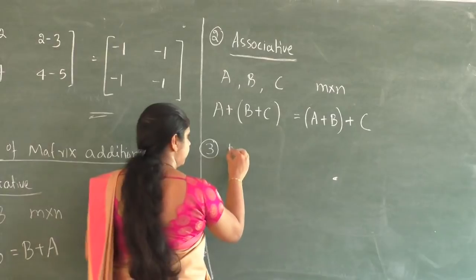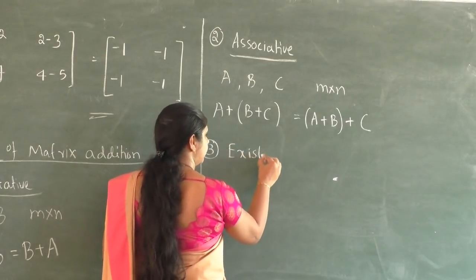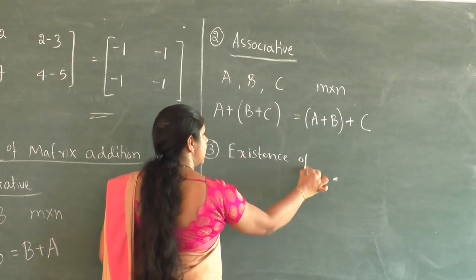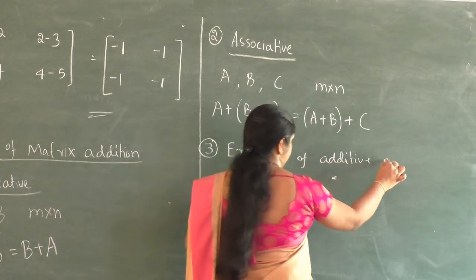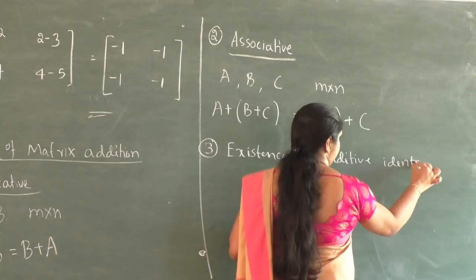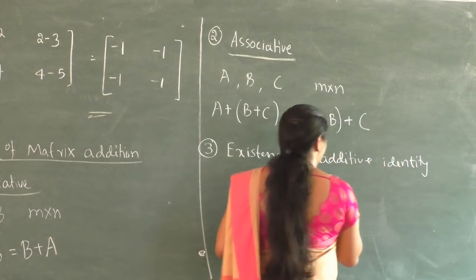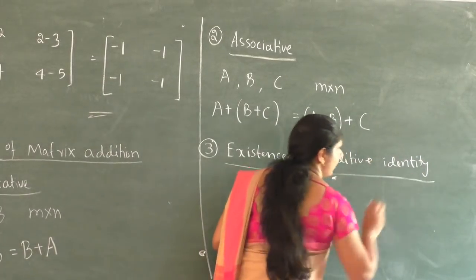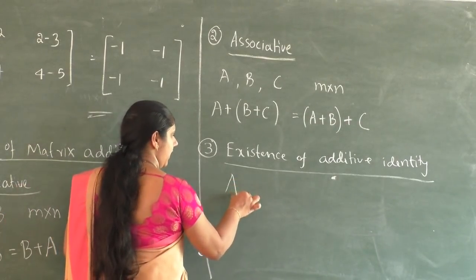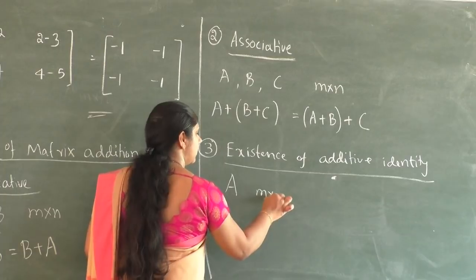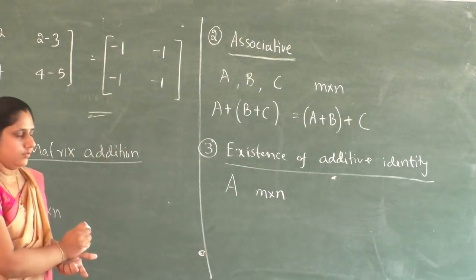Now third one, existence of additive identity. Consider a matrix A of order m cross n.